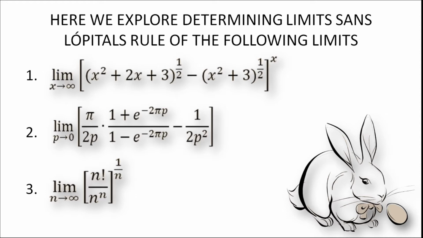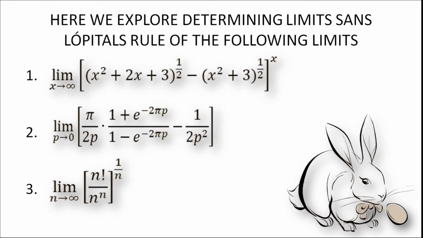Second limit is limit p goes to 0, pi by 2p multiplied by (1 plus e power minus 2 pi p) divided by (1 minus e power minus 2 pi p) minus 1 by 2p square.